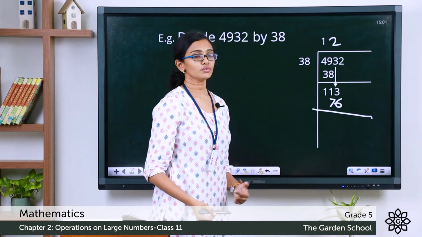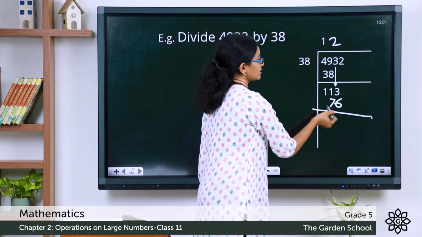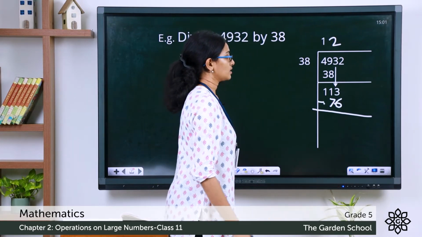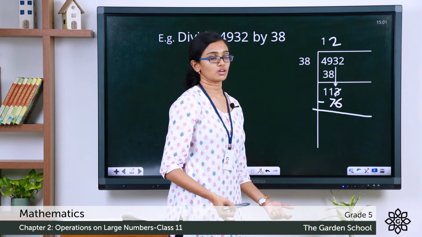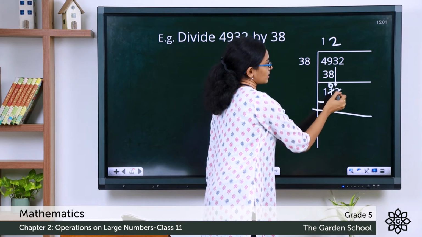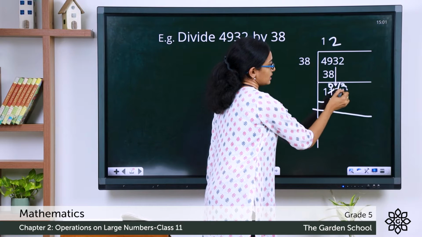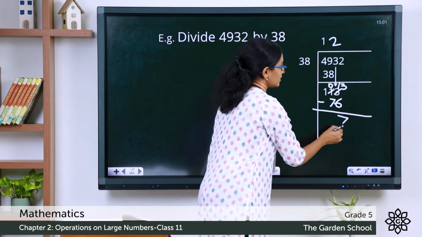Now, the next step is to subtract again. So, 113 minus 76. 3 ones minus 6 ones we cannot do. So, we borrow from the next higher place. So, it's 0 here and 13 here. Now, 13 minus 6 is 7.